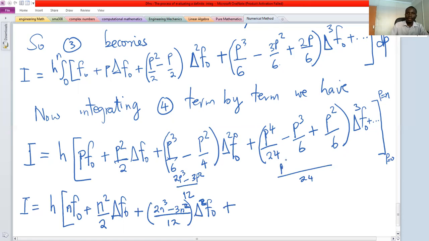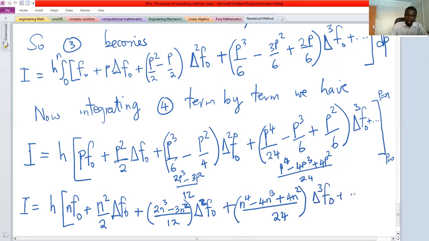So I'll have p power 4 minus 6 into 24 is 4, 4p cubed plus 4p squared. So when I replace by n, I'll have n power 4 minus 4n cubed plus 4n squared divided by 24, third forward f naught plus other several terms.